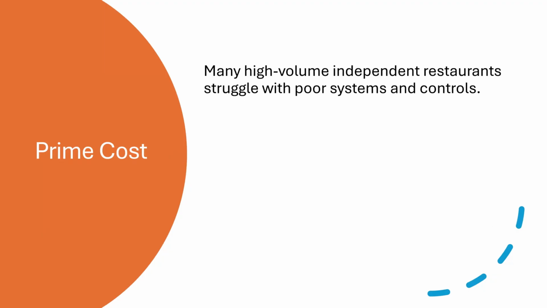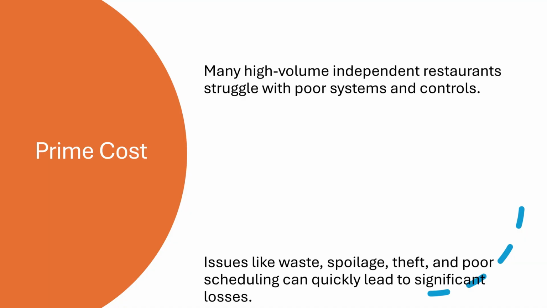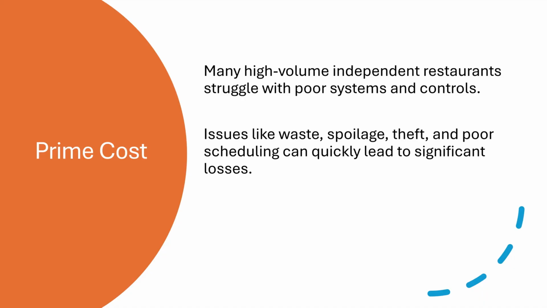So many high volume independent restaurants, not the chains, struggle with poor systems and control. It may have been solid at one time, but as time has gone on, maybe people have gotten away from their processes. Some of the things that get in the way are issues like waste and spoilage of foods, because we're not keeping a close enough eye on what's in the inventory and what we should use first.